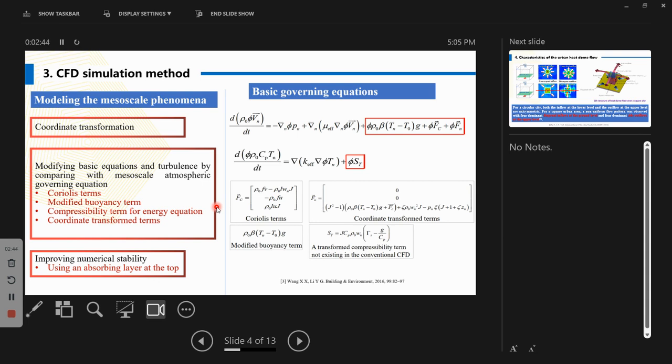These changes include adding some volume sources such as the Coriolis terms, implementing the buoyancy effect, and rewriting the energy equation to add the background temperature stratification.